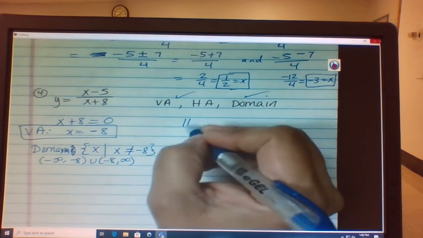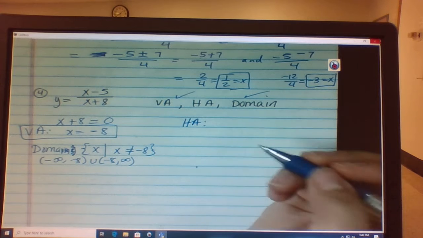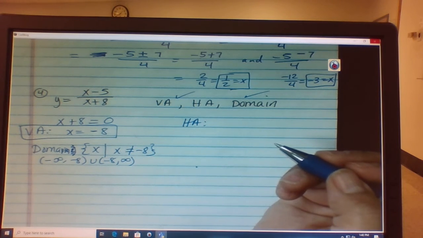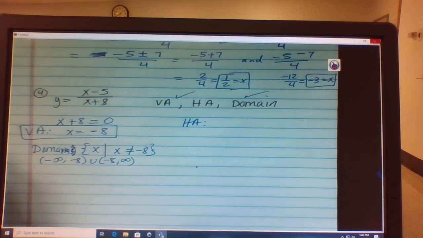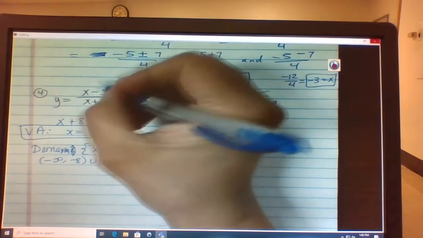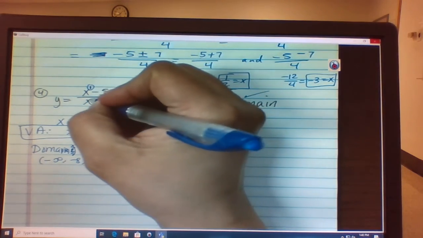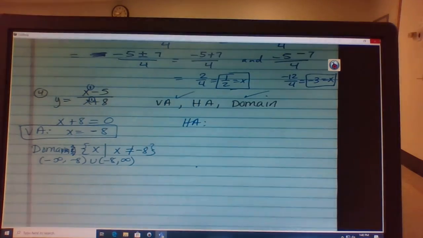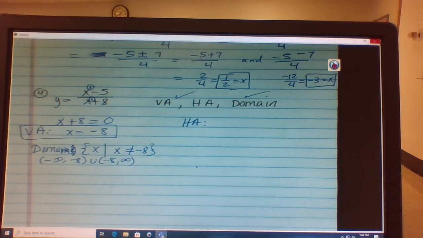To find the horizontal, what am I supposed to do? Look at your degrees, right? What is the degree of the top one? There's a 1 here, and what's the degree here? 1. So they are equal.